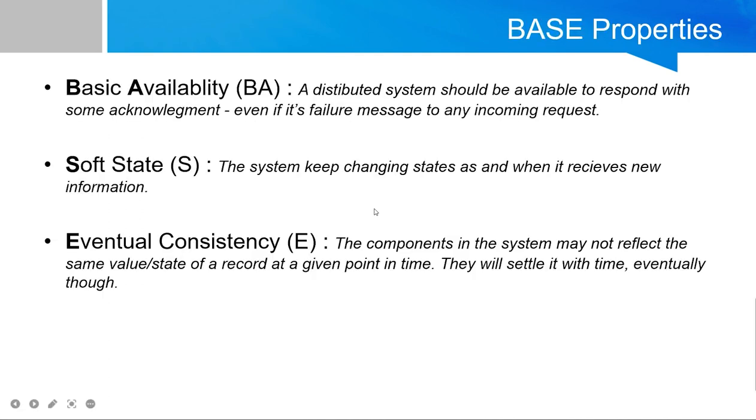Now moving forward to the BASE properties. When we discuss NoSQL databases, they are basically databases that are distributed across multiple servers, and due to this distribution, they are mainly made for availability.